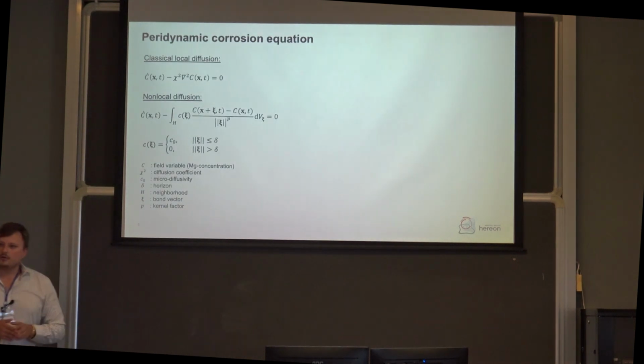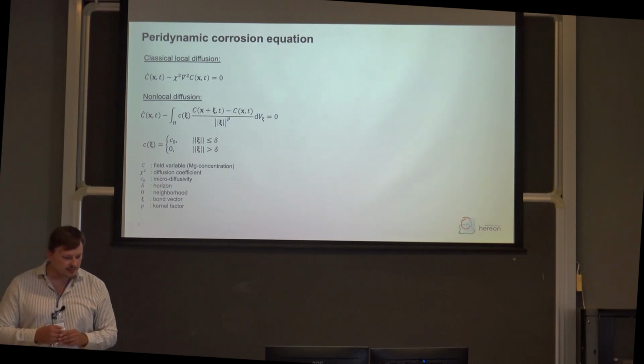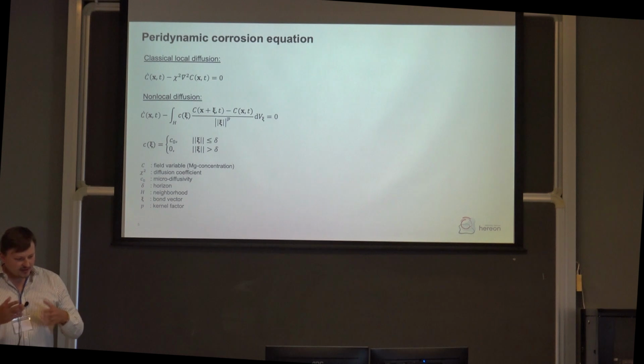You've heard already from Erkan and Hermann an introduction to peridynamic equations, mostly peridynamic equations of elasticity and fracture. These models are based on peridynamic diffusion equations or peridynamic heat equations, which are very similar in nature to the elasticity problems.